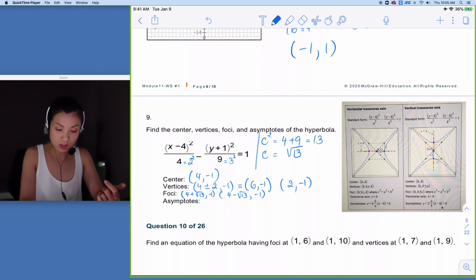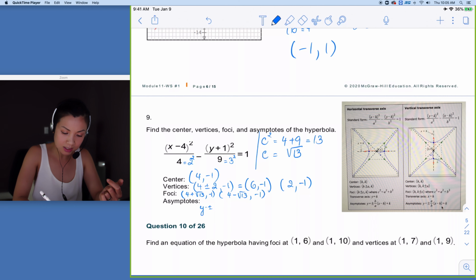For the asymptotes, you see that we have y equals plus and minus b over a. So what I have is y plus 1 equals plus and minus 3 over 2 times x minus 4, minus 1.